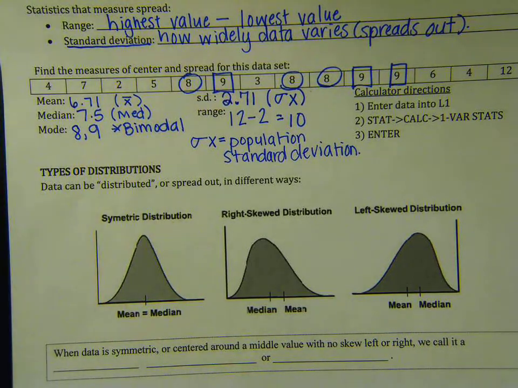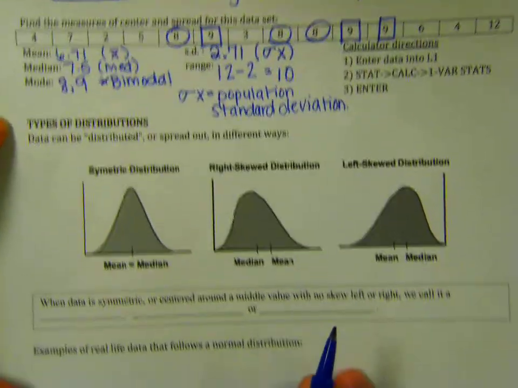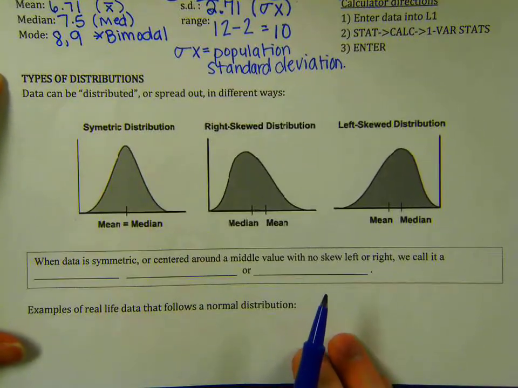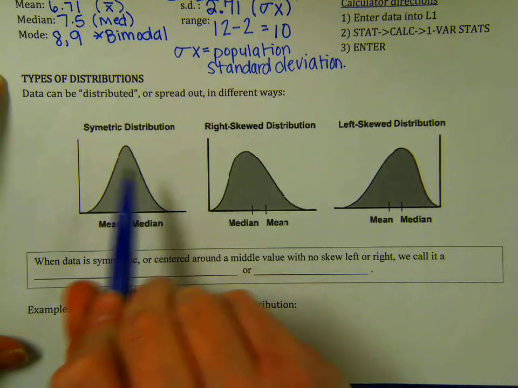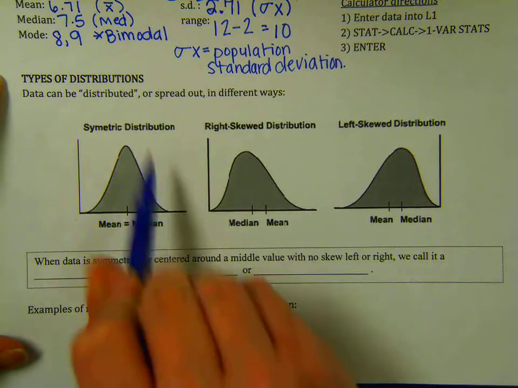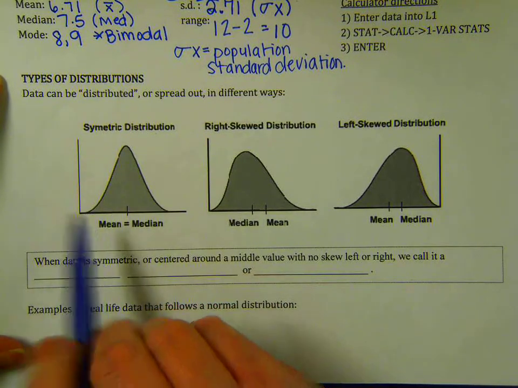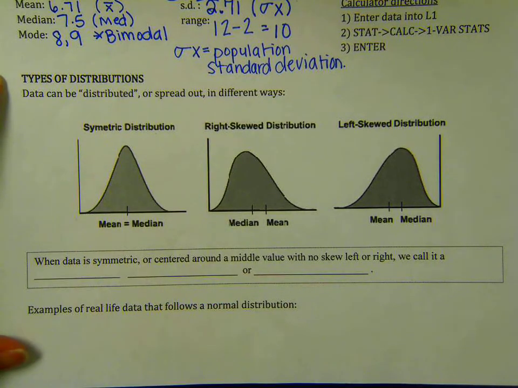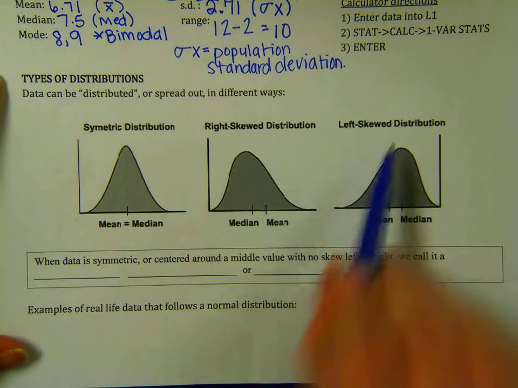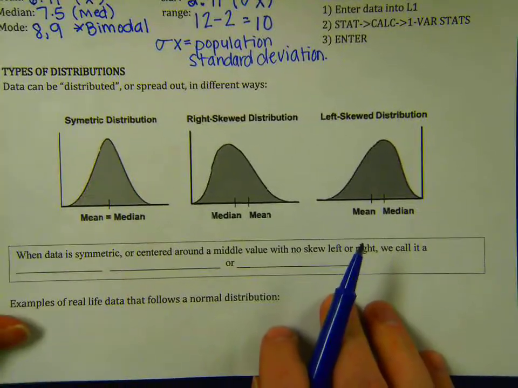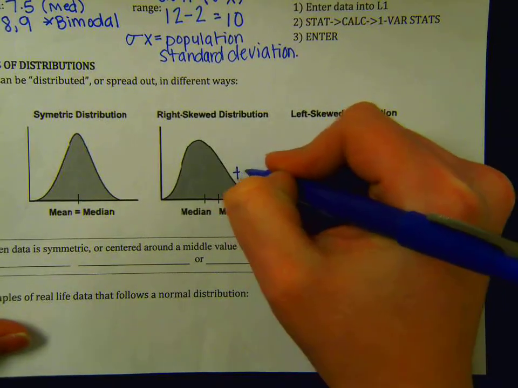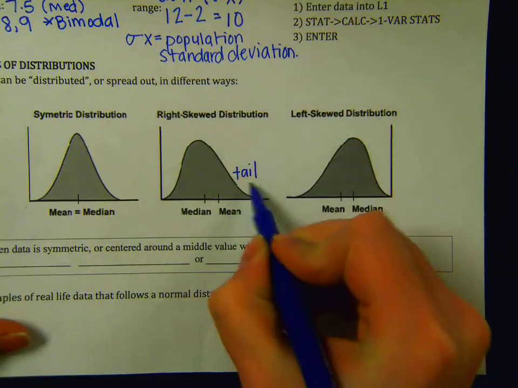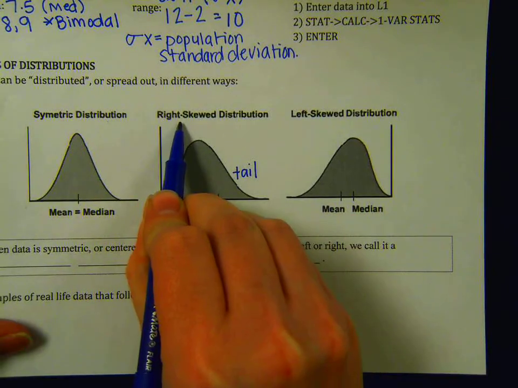We have talked a little bit about types of distributions when we were talking about SOCS. So how spread out something is, that's our spread, the last S in SOCS. So we have something that's symmetric. I know in my class we talked about how a symmetric distribution looks kind of like the bell curve. We have right skewed and left skewed. And a good way to think about that is, well, there's two different ways. You could look at where the tail is. So over here's my tail. So I know that my tail is on the right, it's right skewed.